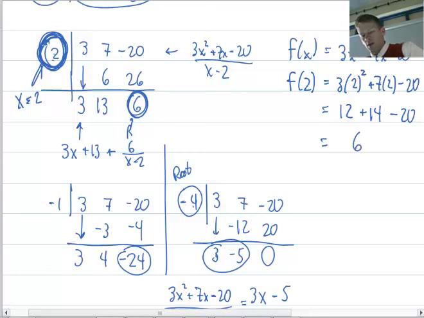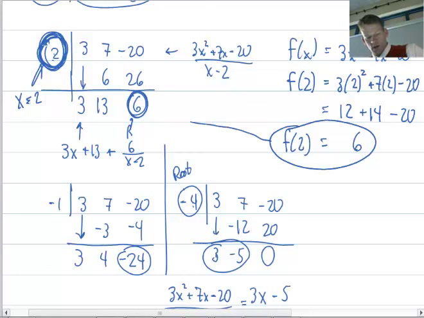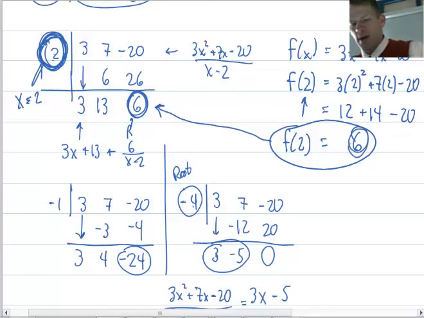This is going to equal 6. And there's absolutely no coincidence that f of 2 equals 6, which is the same thing as a remainder. In fact, this is called the remainder theorem. Remainder theorem basically says if you plug 2 into the function and it's not a root, it doesn't result in a 0 value, this would be the remainder that you would get through doing long division.